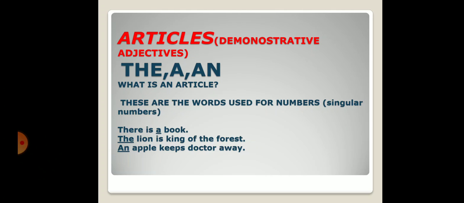They indicate only numbers in the given sentence because they are placed before the nouns in order to signify or represent the numbers of the given nouns. Those words are called your articles. As we know, there are three words, the, a, and an, called your articles.